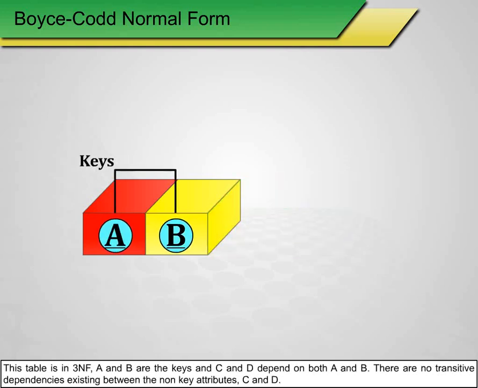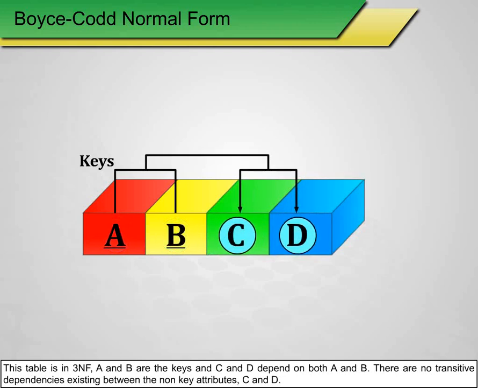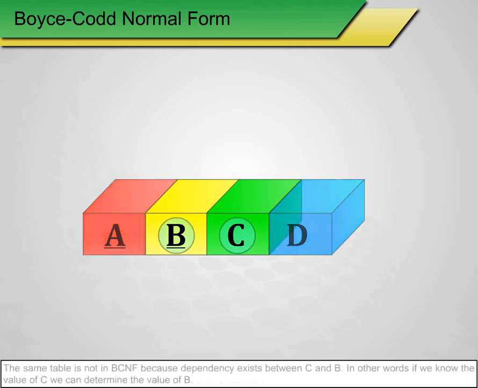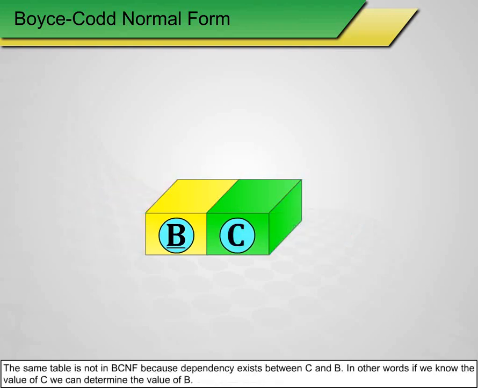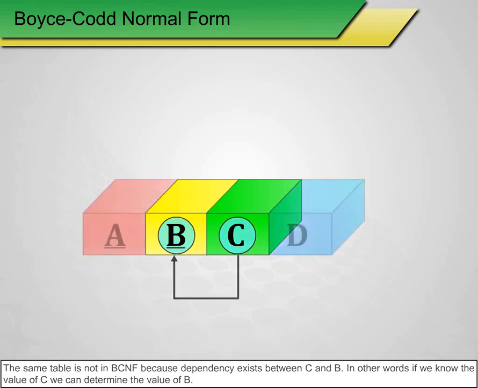A and B are the keys and C and D depend on both A and B. There are no transitive dependencies existing between the non-key attributes C and D. The same table is not in BCNF because a dependency exists between C and B. In other words, if we know the value of C, we can determine the value of B.